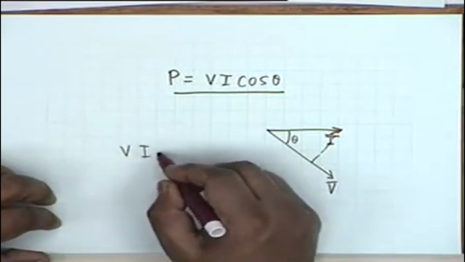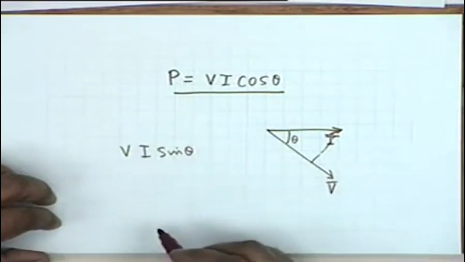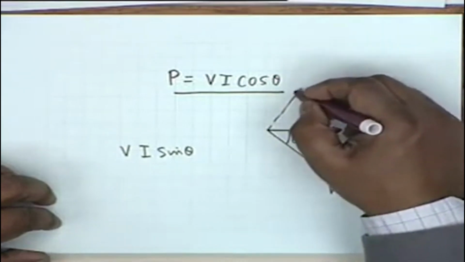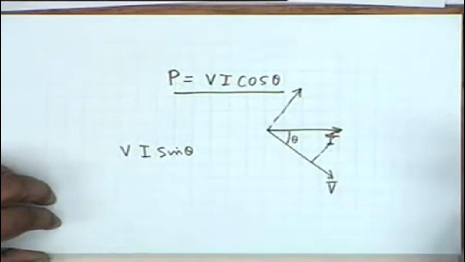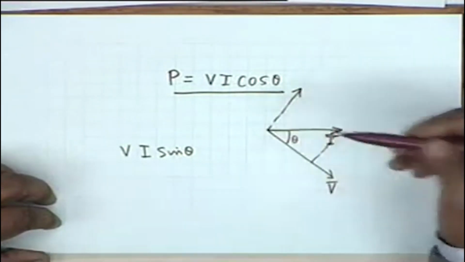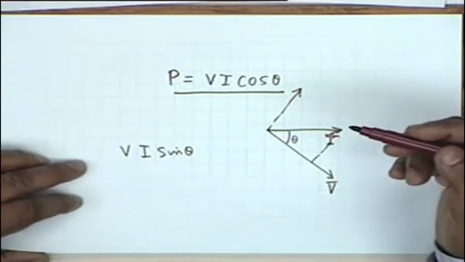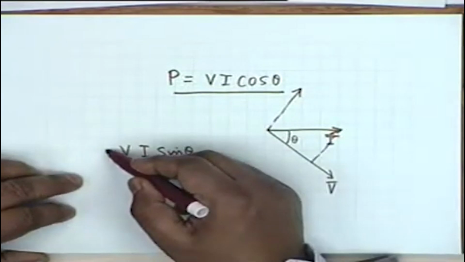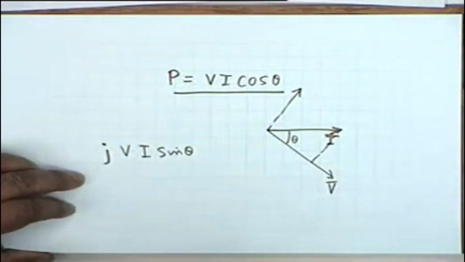That is, what about the product Vi sine theta? Well, if this is I cosine theta, obviously there must be an I sine theta in this direction. All right. What about the product V and I sine theta? Well, because it is orthogonal, it can be represented by multiplication by j.